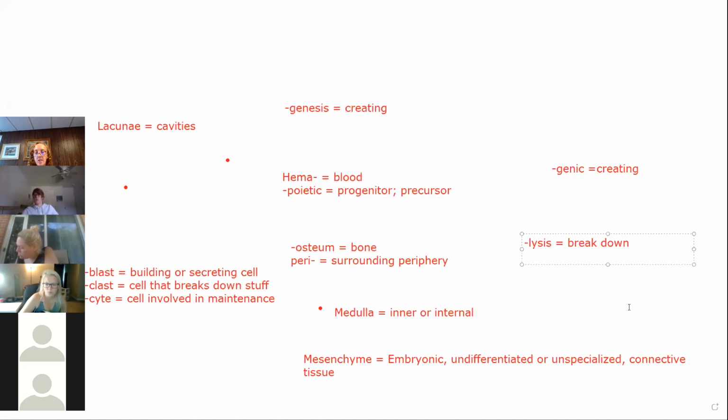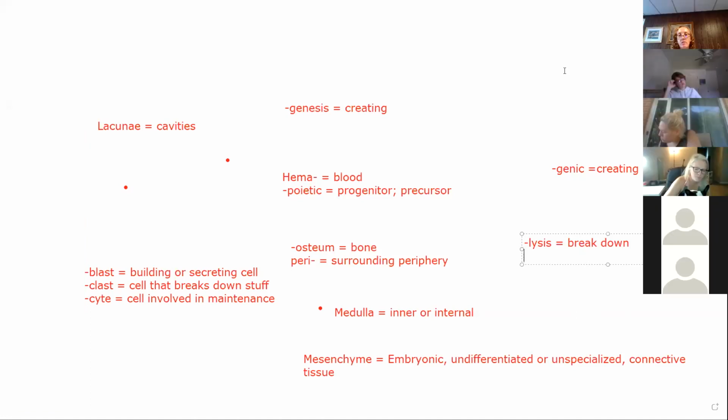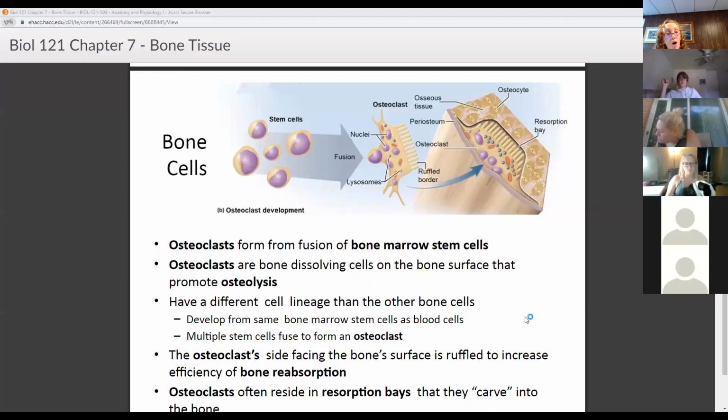So osteolysis means to break down bone. So osteoclasts promote osteolysis, breaking down the bone.